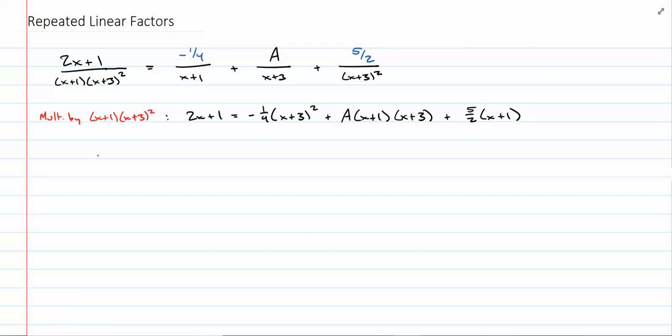Let's maybe plug in x equals 0. If I plugged in x equals 0, I'd get 1 on the left. I'd get negative 1/4 times 9. I'd get A times 1 times 3, so that's 3. And I'd get 5 halves times 1, which is 5 halves.